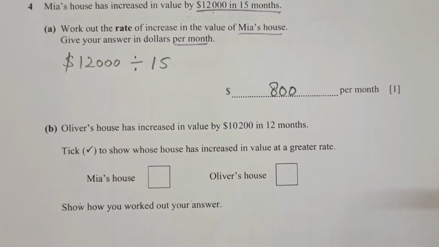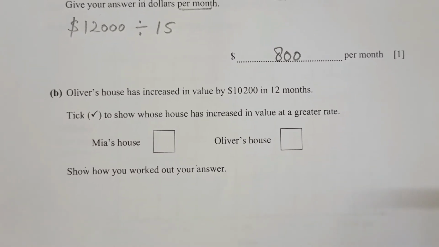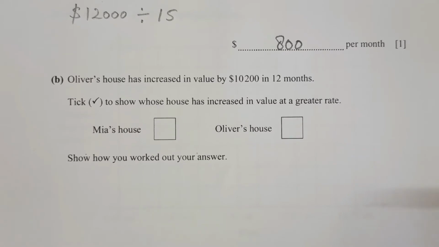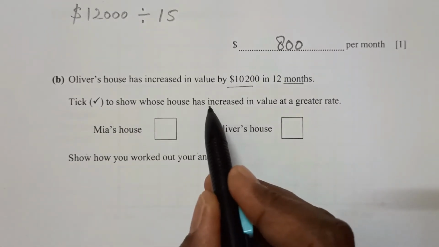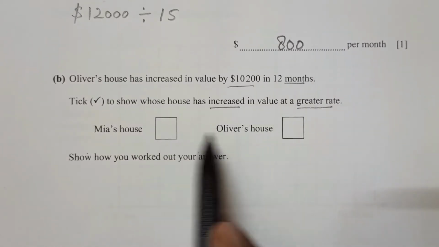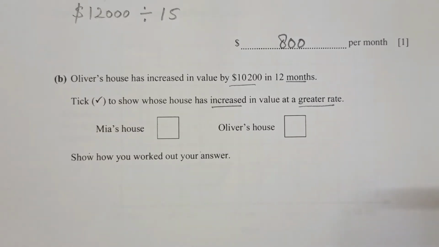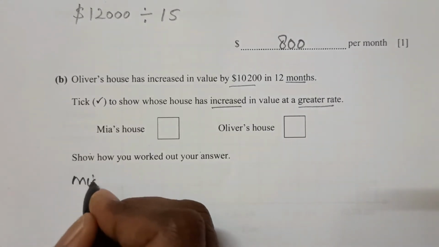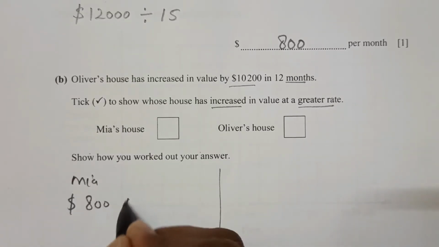Now B part, Oliver's house has increased in value by $10,200 in 12 months. Tick to show whose house has increased in value at greater rate. So we have to compare these two. For Mia's house, we have already seen it is $800 per month.